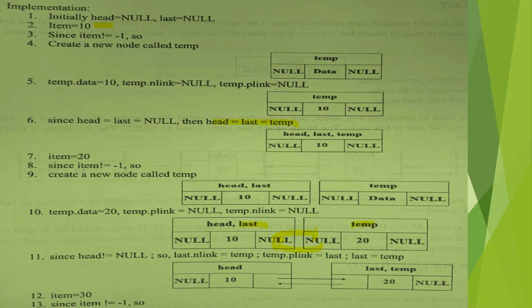For that, since head is not equal to null, last dot n link equal to temp and temp dot p link equal to last, last equal to temp. Have changed the last value.